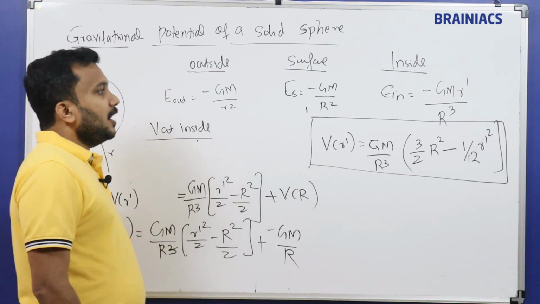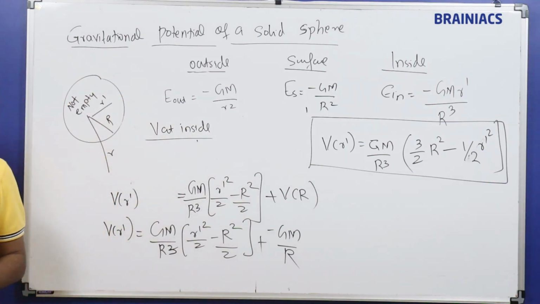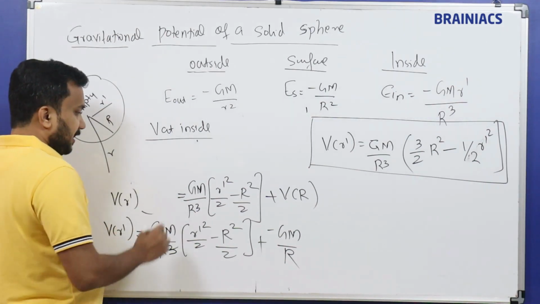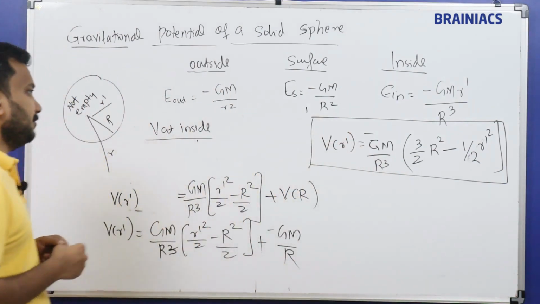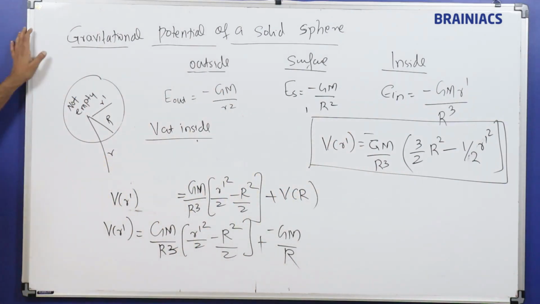So 3 by 2 R square minus 1 by 2 times of r square. Minus GM divided by R cube is taken outside. So what formula are we getting? That leads to the answer.